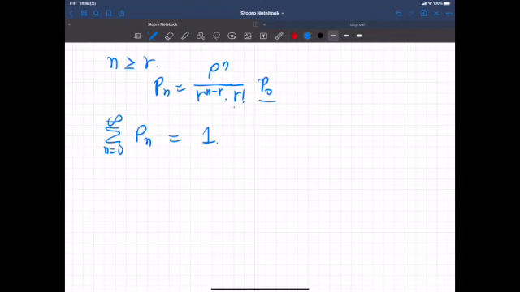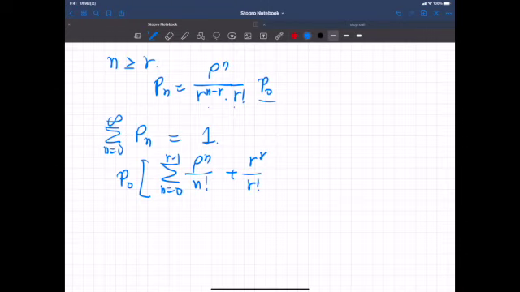So just do it, and the result is p0 times the summation from n equals 0 to r minus 1 of rho to the power of n over n factorial, and, wait a minute, let's see, I think it should be r to the power of r and r factorial, where r is included inside the summation, plus the summation from r to infinity of rho over r to the power of n.